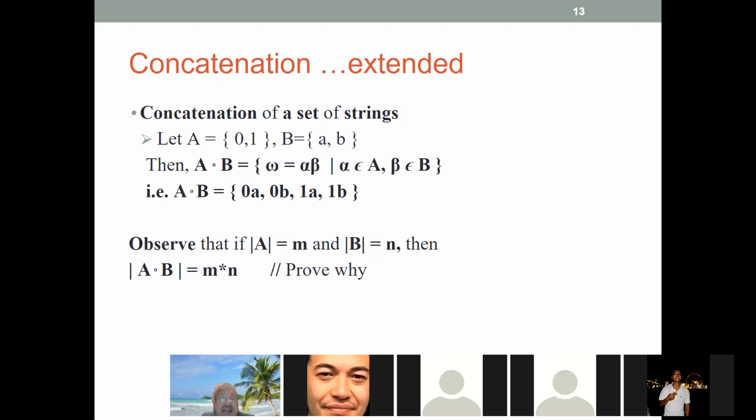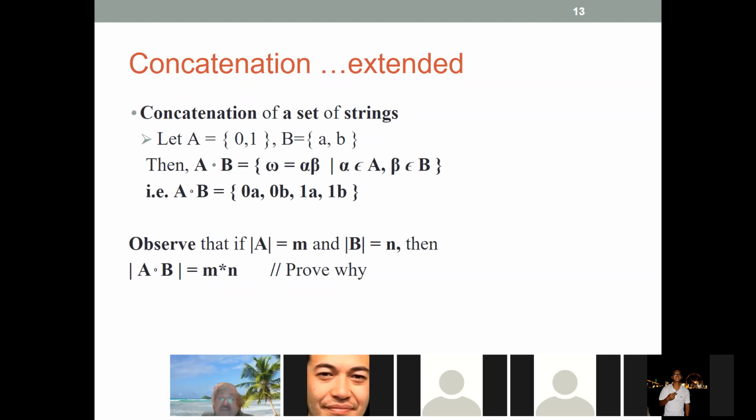Then concatenation of sets, A concatenated with B, or A circle B if you prefer, is the set of all strings omega such that omega equals alpha beta, where alpha is an element of the set A and beta is an element of the set B. So A circle B equals 0a, 0b, 1a, 1b, okay?